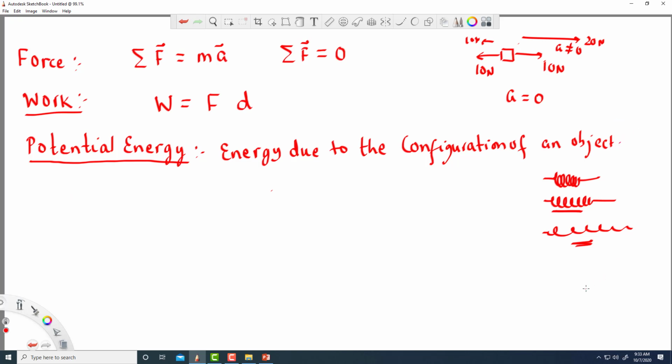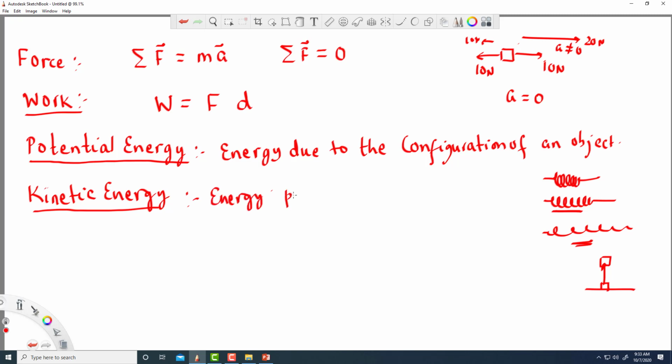Or I can raise that object to some height, which will produce potential energy. And kinetic energy, what is kinetic energy? Kinetic energy is energy possessed by a moving object.